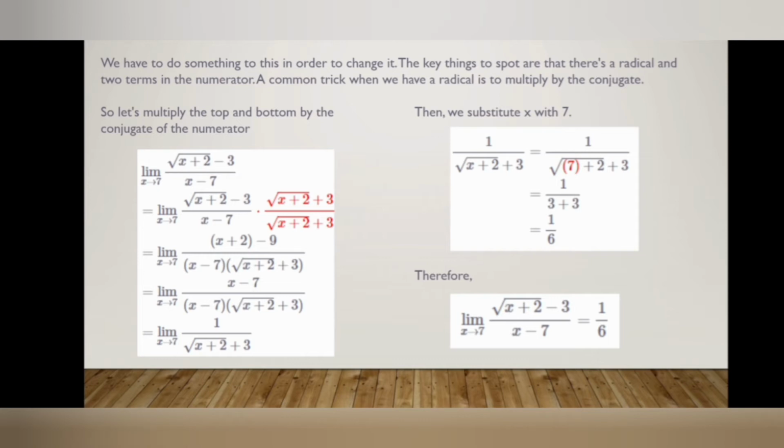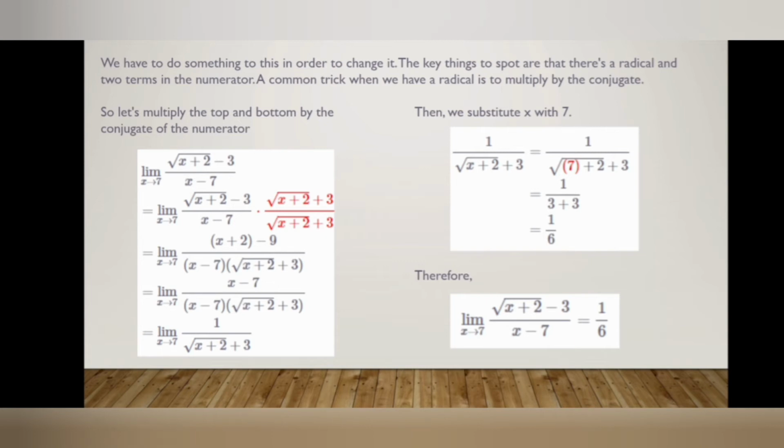When multiplied, it results in x plus 2 minus 9 over x minus 7 times square root of x plus 2 plus 3, which becomes x minus 7 over x minus 7 times square root of x plus 2 plus 3. We then apply the cancellation method.